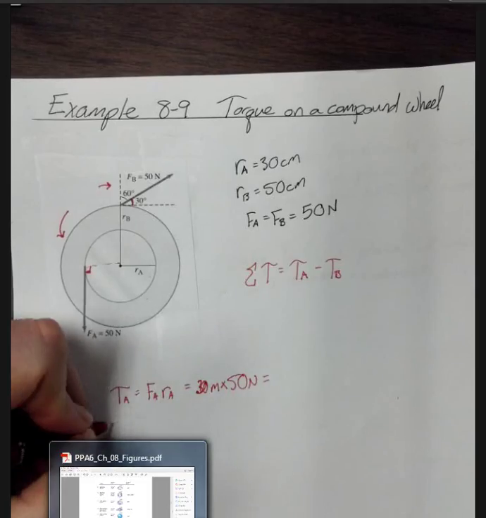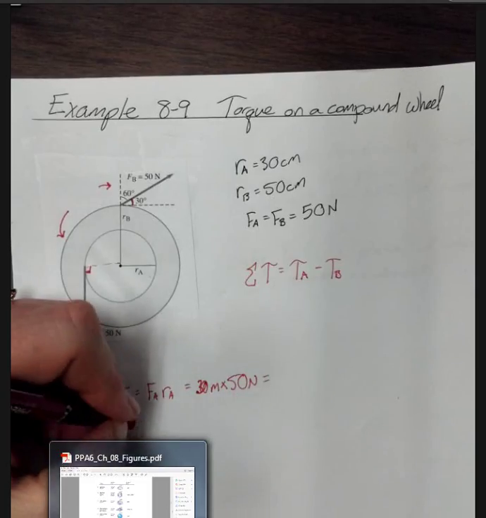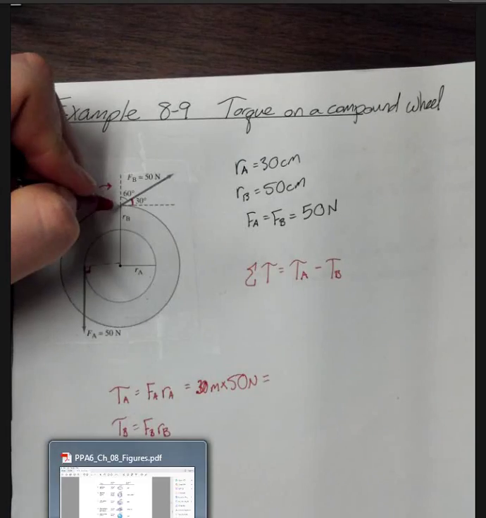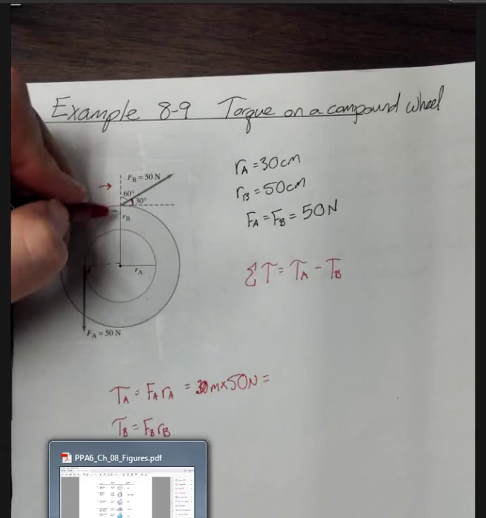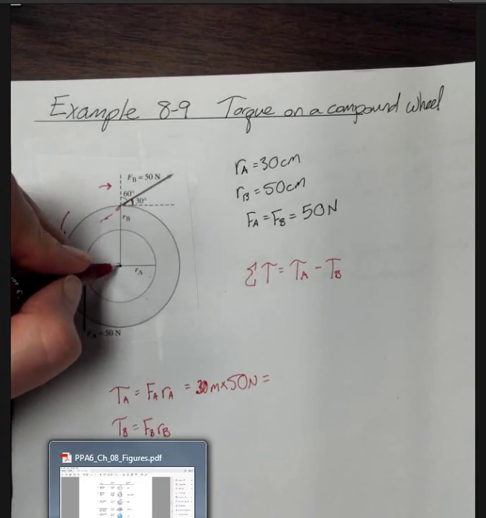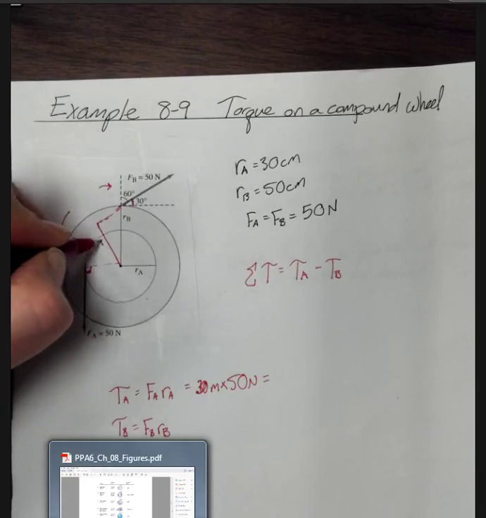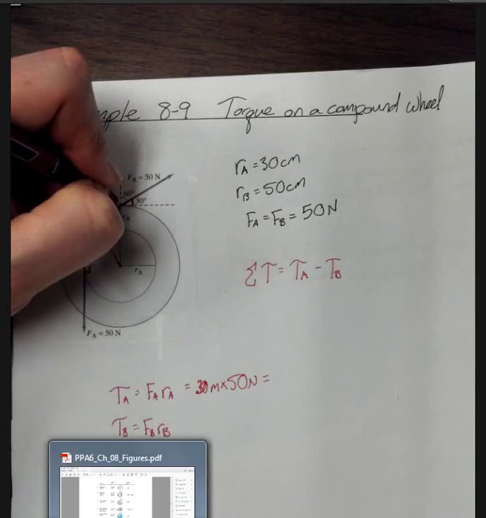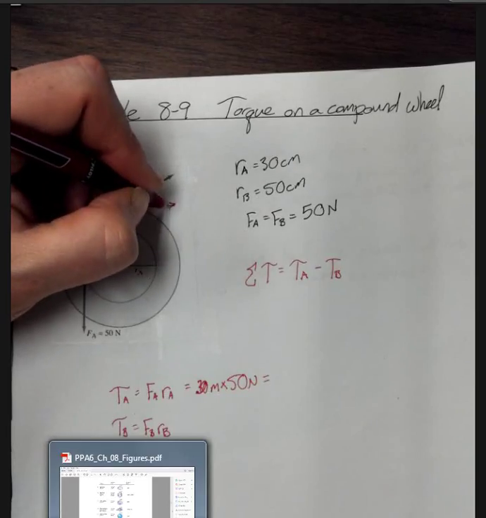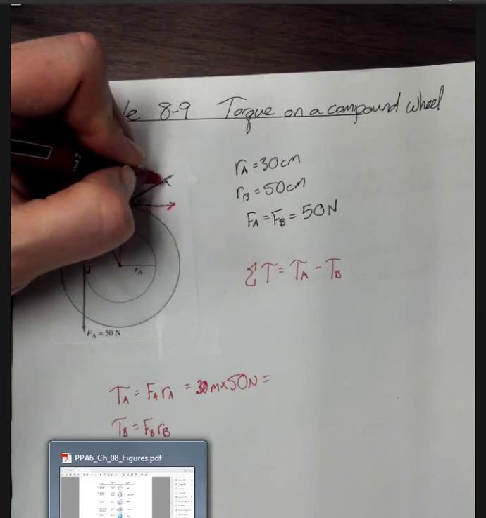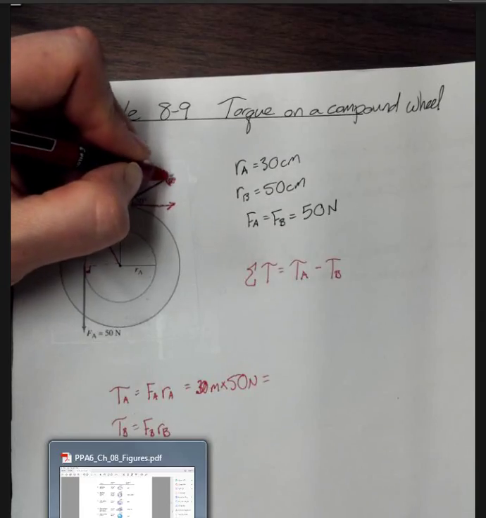And the torque for object B is given by FB RB, and we can determine what the lever arm is compared to this. Here's the line of action, so we could in theory find that line of action, or we could just find the component of the line of action that we're interested in, and the component is opposite to this angle, so that angle is 60 degrees.